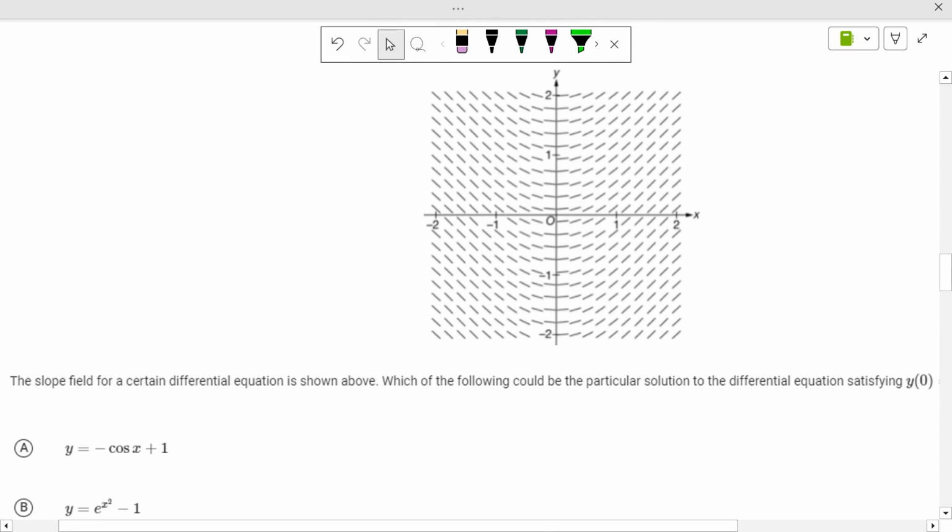Could it be the negative cosine x plus 1? You know, cosine goes like this here, but since this is negative cosine, yeah, it could make a parabolish type thing, and then it could swoop like this where you can't see.